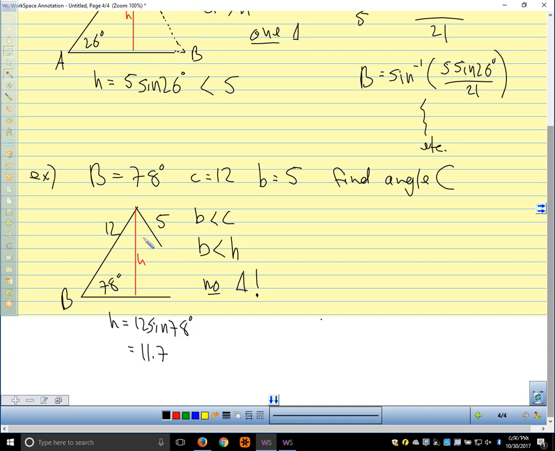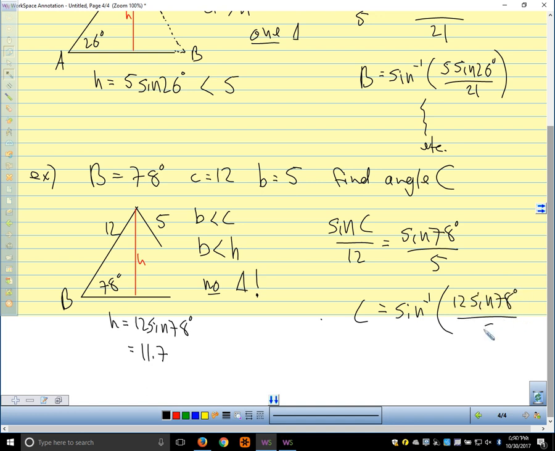We can't find C. So if you tried in your calculator, you would say sine C over 12 equals sine 78 over 5. So C is the inverse sine of 12 sine 78 over 5.